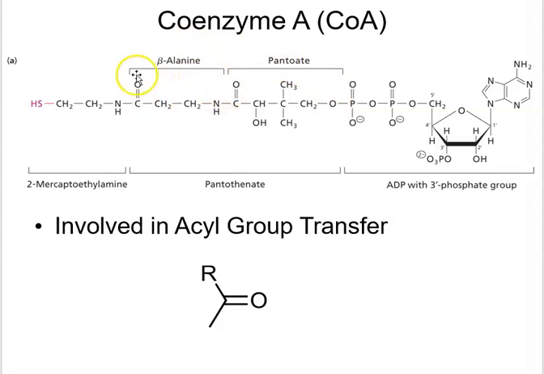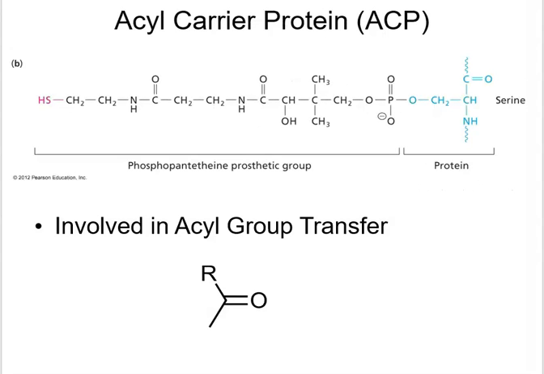Beta alanine is an amino acid, right? Thiol group at the end to mercaptoethylamine. And so this is important for the acyl group transfer. A lot of times many fatty acid components have this kind of acyl group involved in the transfer, and we'll talk about that when we get to fatty acid synthesis.